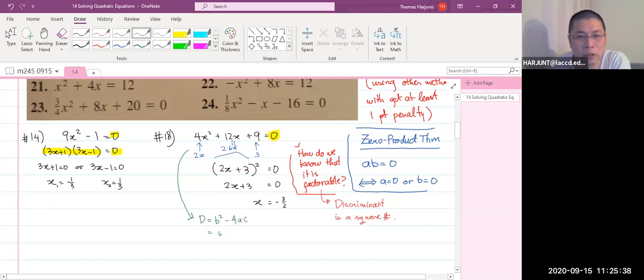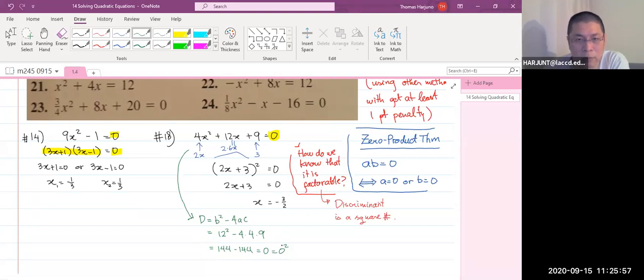The b here is 12. The a is 4. The c is 9. I get 0, which is 0 squared. It's a square number. Then it must be factorable.